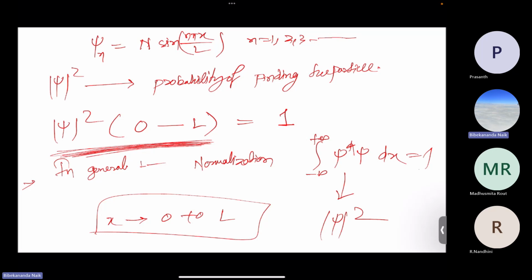Now since in all the other regions of x the potential is infinite, the particle must be contained within 0 to L. So in this case, the normalization condition will be the integration from 0 to L of psi star psi dx equals 1. This is the normalization equation.